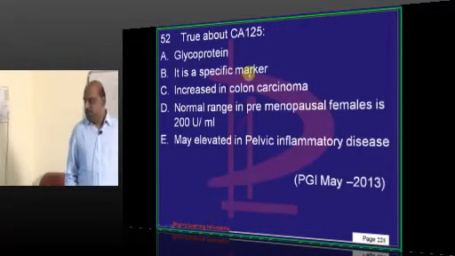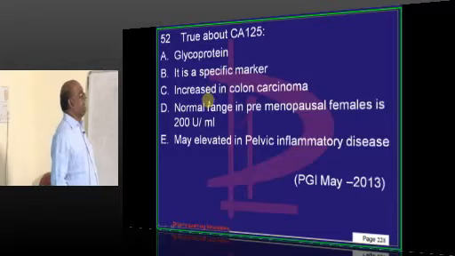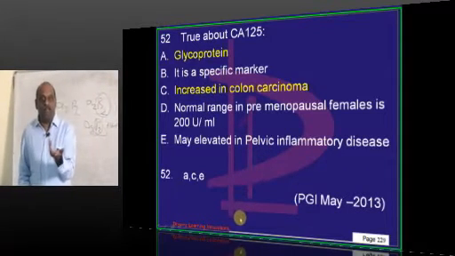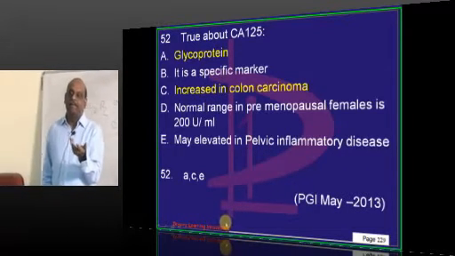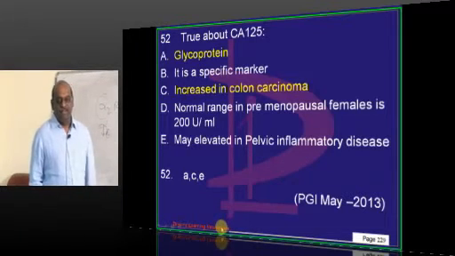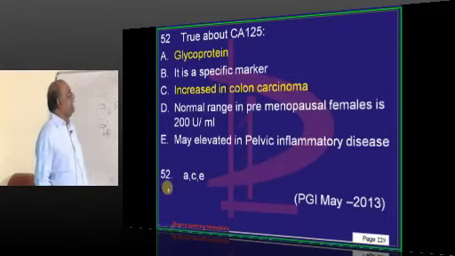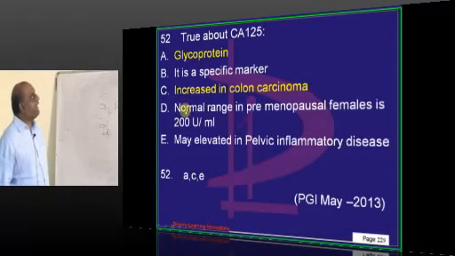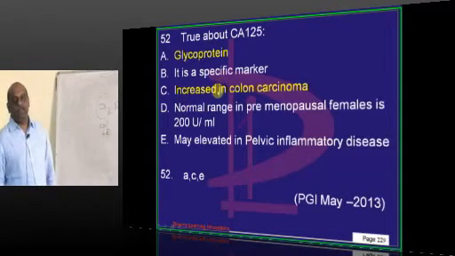Now, CA 125. Once more, 3 or 4 questions on markers. So, you should carry a marker pen while preparing for the PGI Chandigarh exam, doctor. CA 125 is a glycoprotein and it is increased in colon cancer. It is also a non-specific marker.